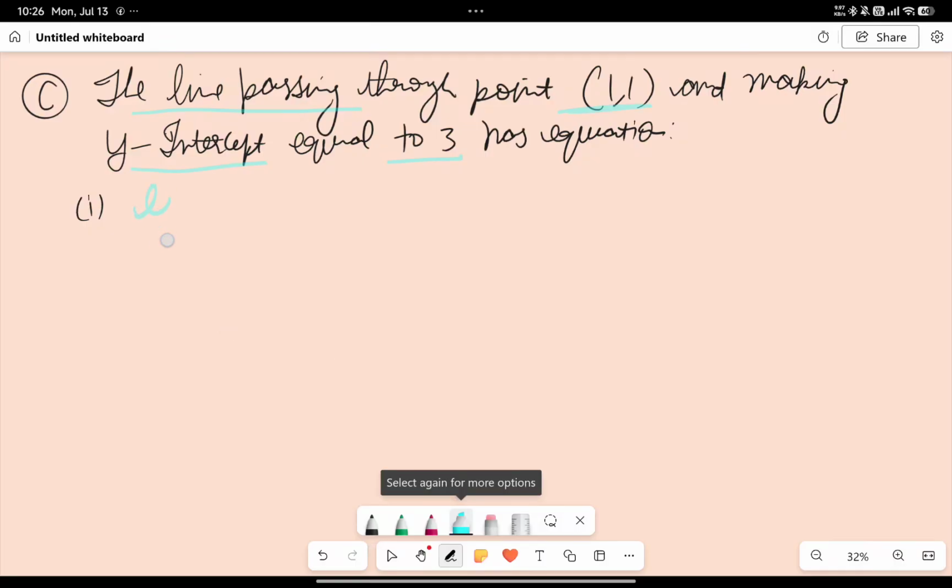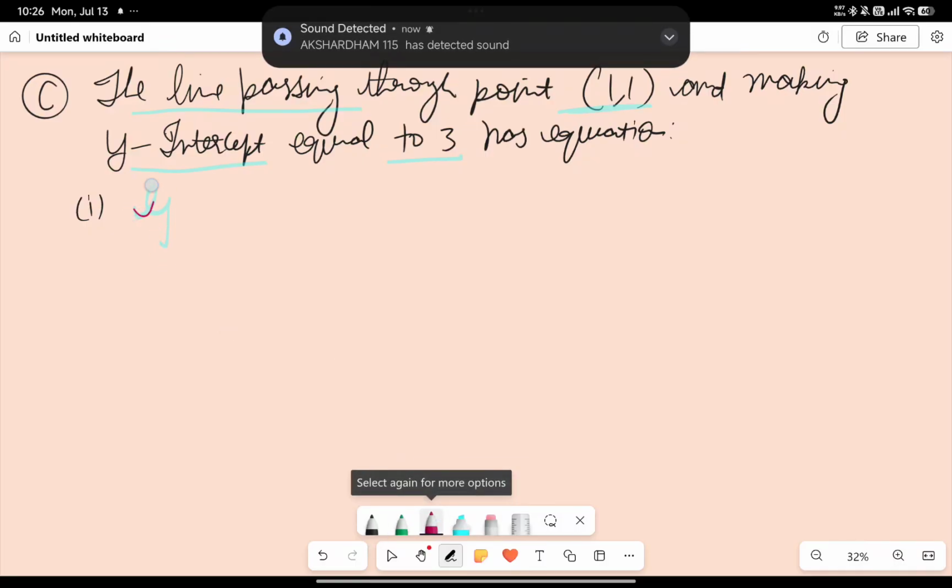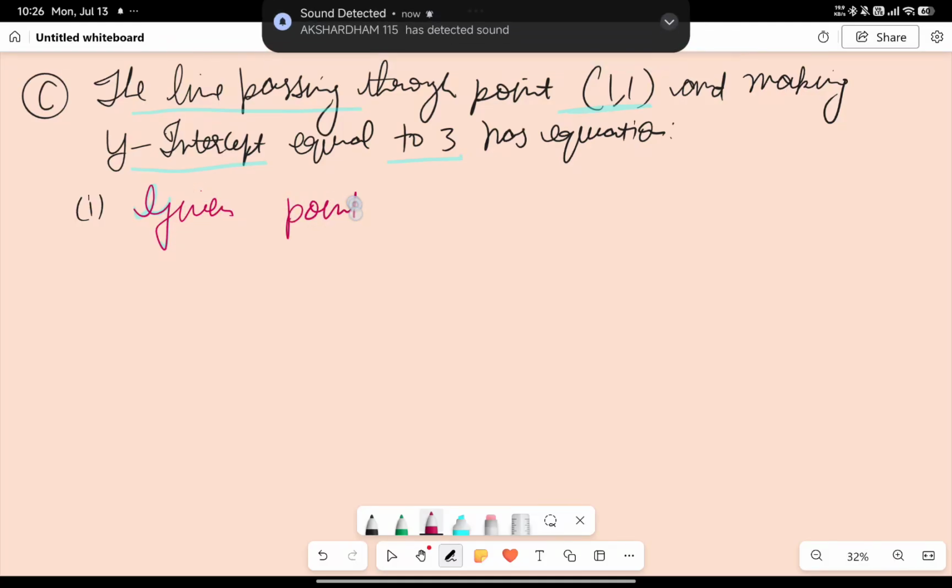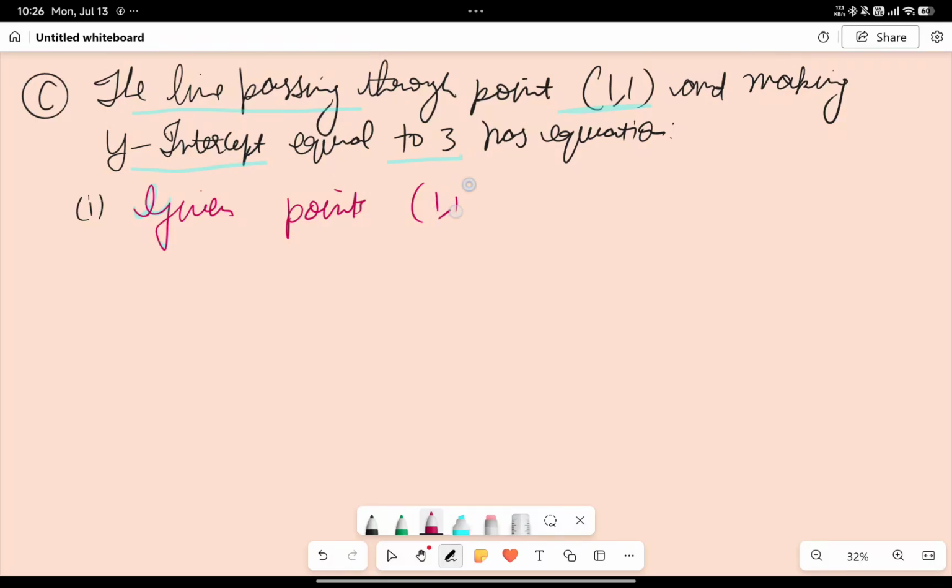Here you can mention the given: the point is 1 comma 1 and the y-intercept is 3. So the y-intercept is 3 and the point is this.